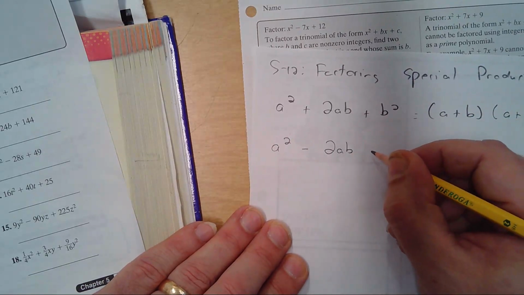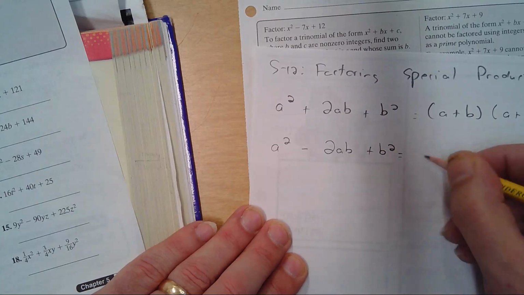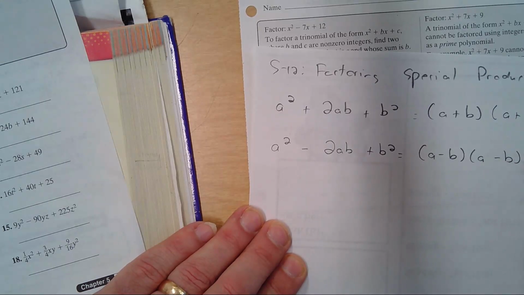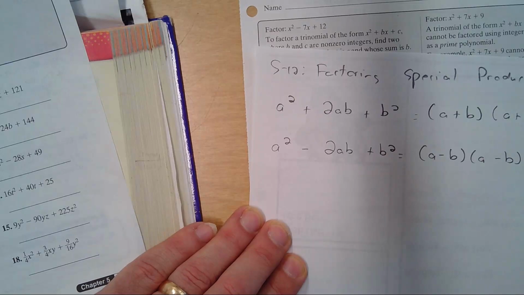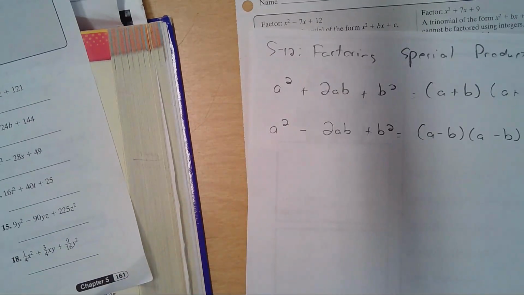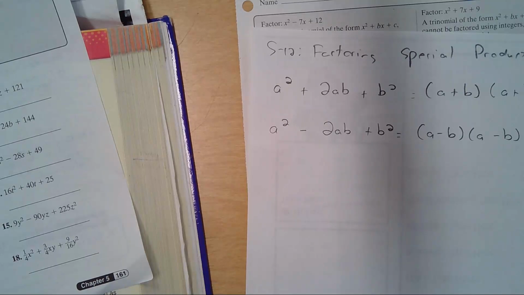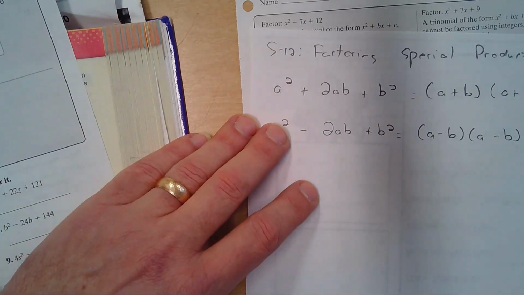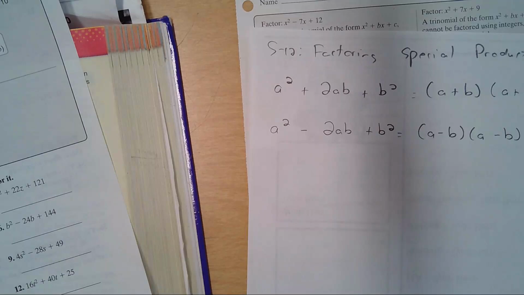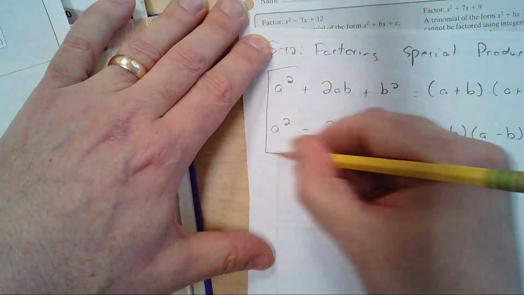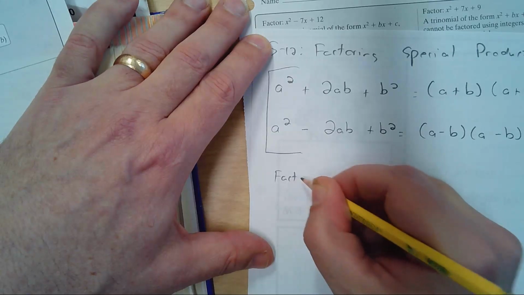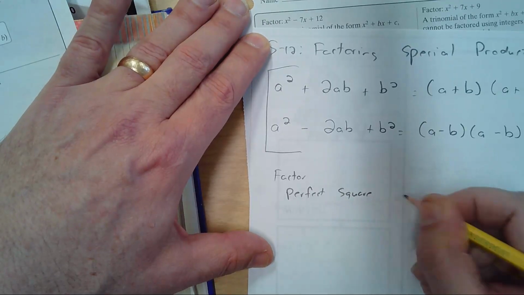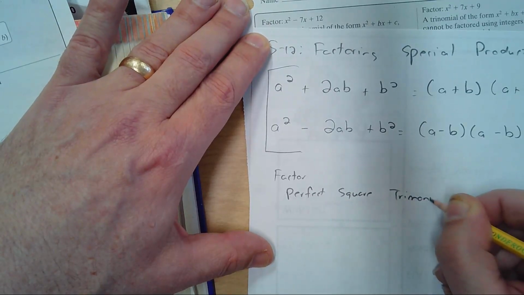I'll give you some examples of these in just a minute. So we use these here to factor perfect square trinomials. I'm going to explain what that is here in just a second.